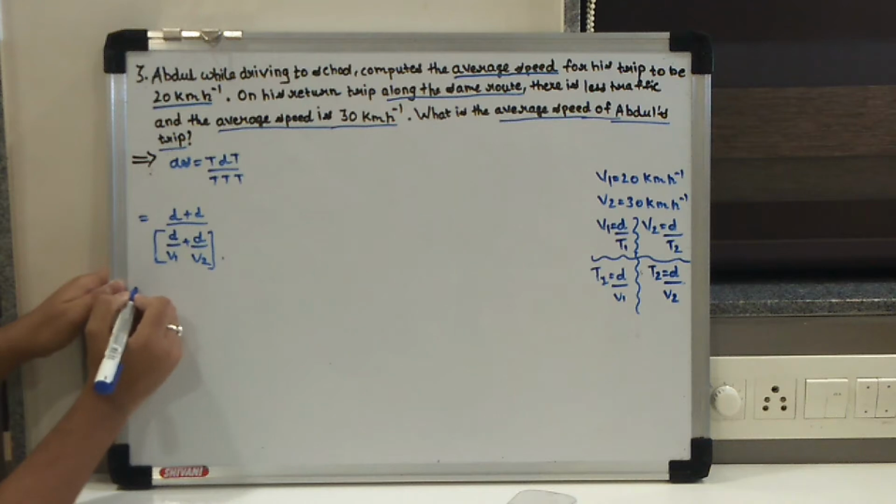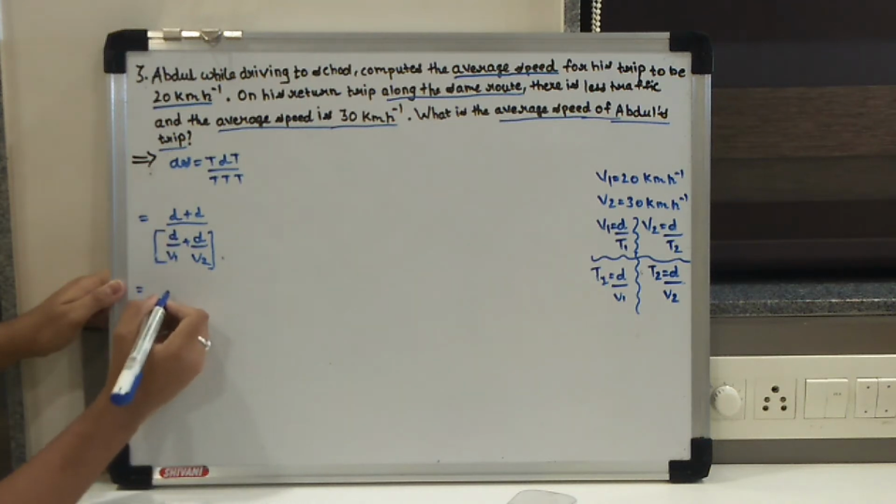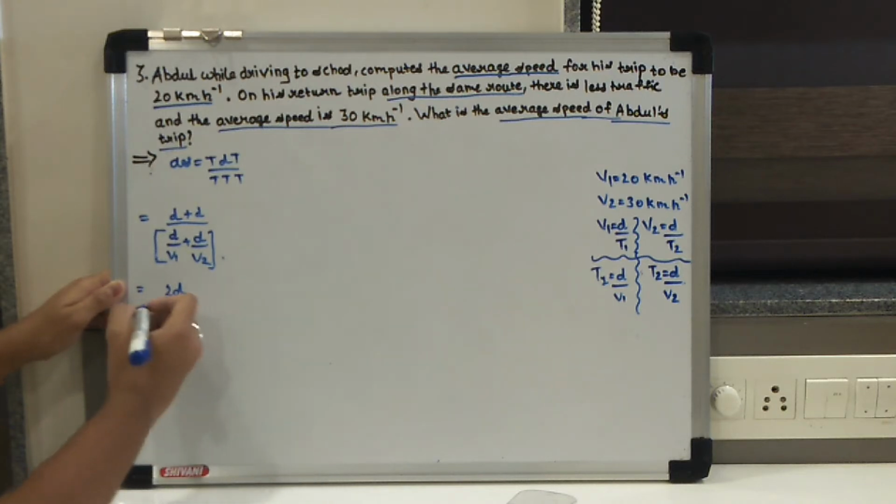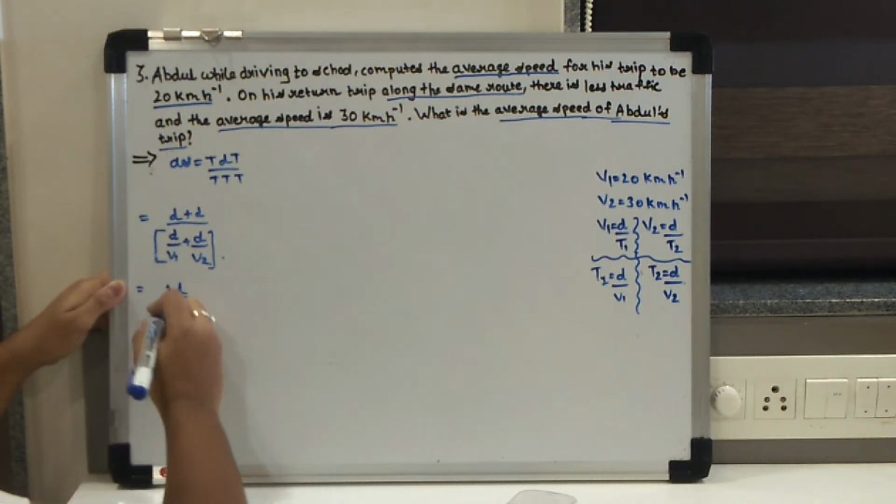Let's move further. So d will be 2d upon d upon v1.